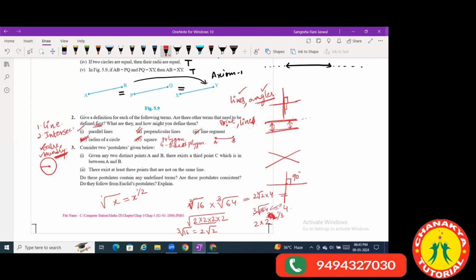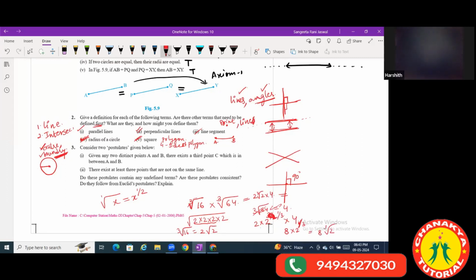So 2 into 2 raised to power 1 by 3, then multiplied by 4. So 4 into 2 is 8, 8 into 2 raised to power 1 by 3. Is this the answer? Or you can simply write 8 into cube root of 2.